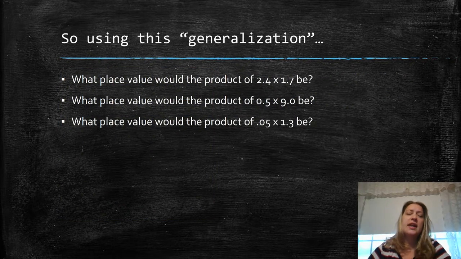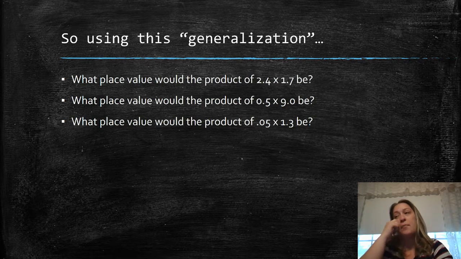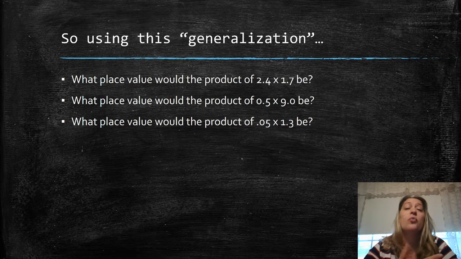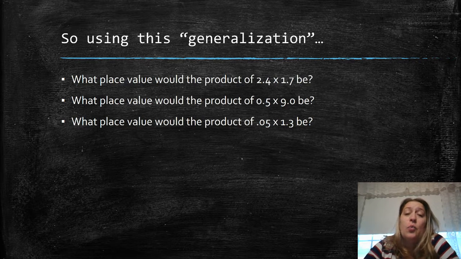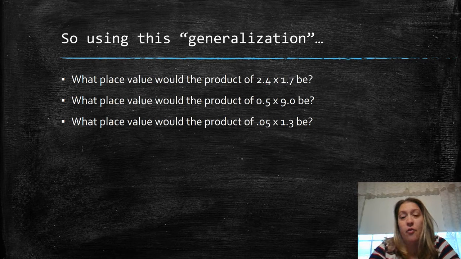So thinking about how we are using this now, let's talk about a general rule. So if we're looking at this, what place value would the product of 2 and 4/10 times 1 and 7/10 have? I have one number after the decimal, and one number after the decimal.